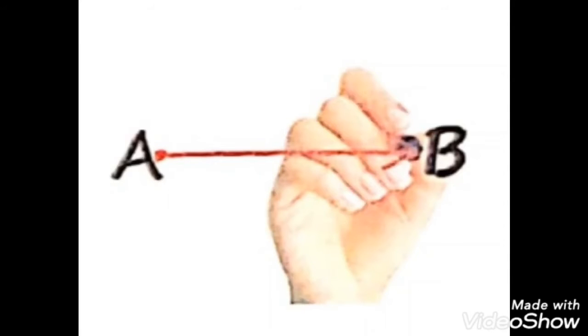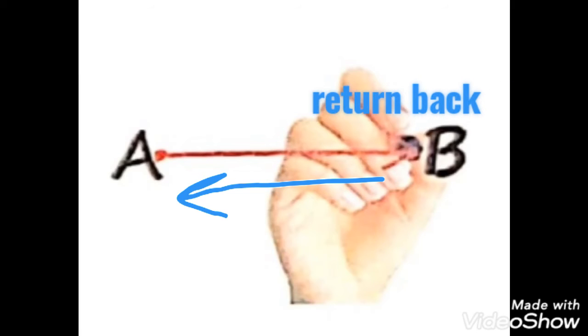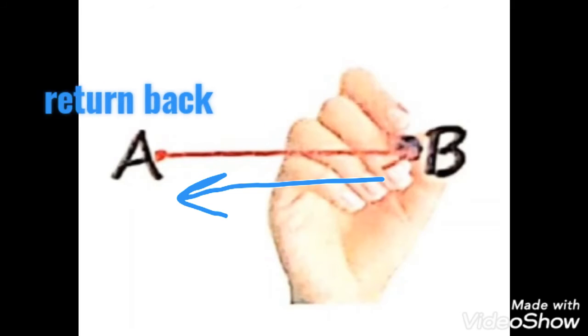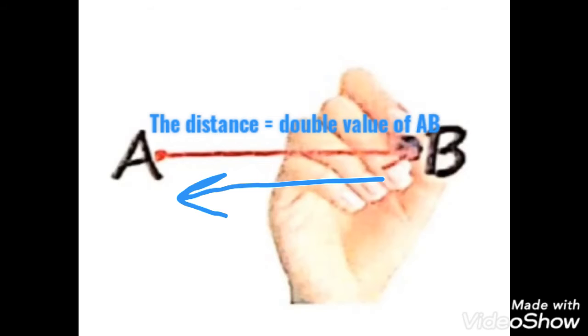Okay. What if this object returns back from point B to the starting point again? In this case, the distance equals the value of AB twice, or double, because this is the actual length of the object's movement.